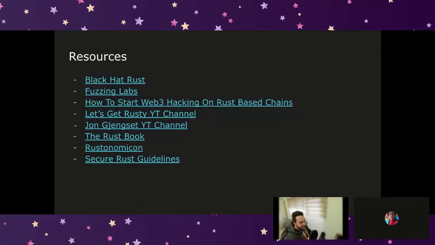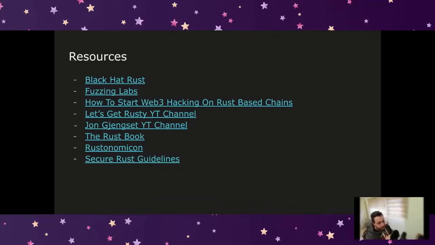The developer knows what the code does and that there won't be any issues. But usually that's not the case. So the Rustonomicon goes over unsafe Rust patterns and ways to write them correctly to avoid issues that I mentioned before, like double free, use after free, etc.